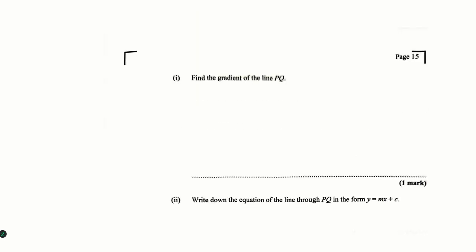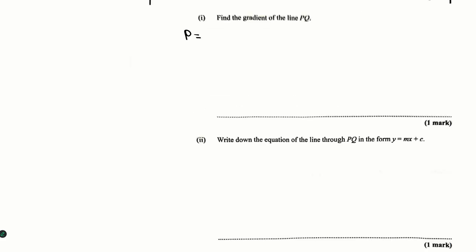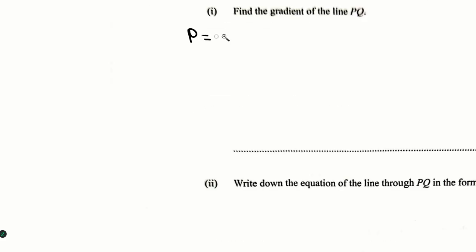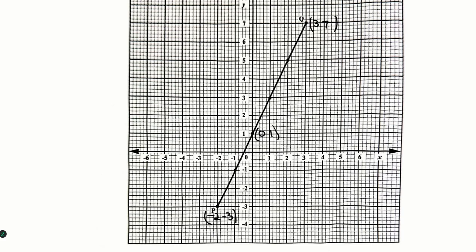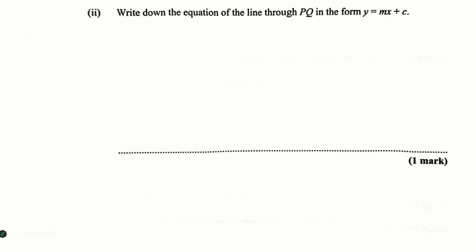We know that P was -2, -3, and Q was, just to make sure, I believe it was 3, 7, but yeah, 3, 7.